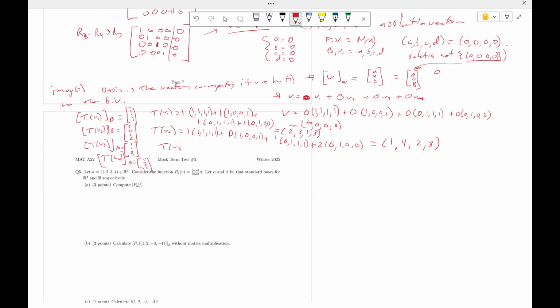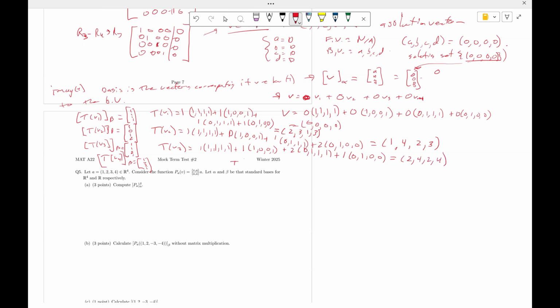T of V3 equals, well, it's 1 times 1, 1, 1, 1, plus 1 times 1, 0, 0, 1, plus 2 times 0, 1, 1, 1, plus 1 times 0, 1, 0, 0, which, if you add them all up, gives you 2, 4, 2, 4.